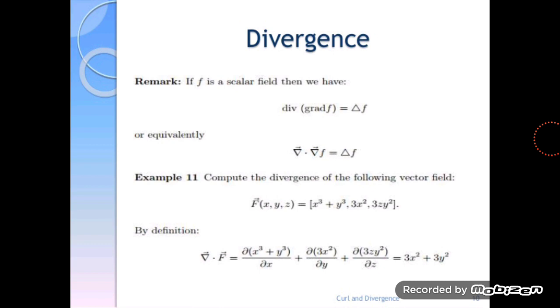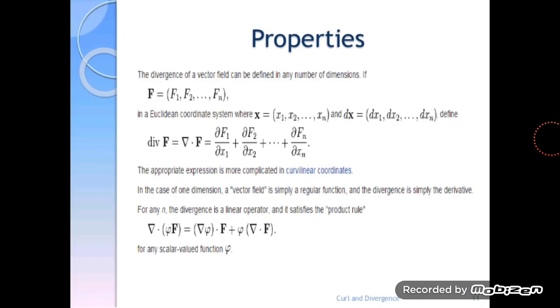By differentiating, we have 3x square plus 3y square. As there is no dependent term in the second step, it is equal to 0, and we have the divergence of f equal to 3x square plus 3y square.